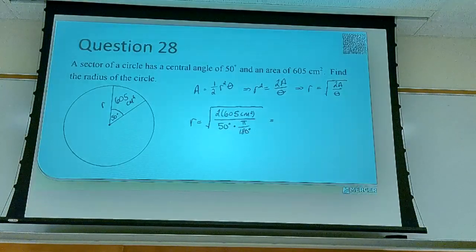So it would be pi over 30. Oh, that's right. I don't want the pi in there. You don't need to square that either, right?